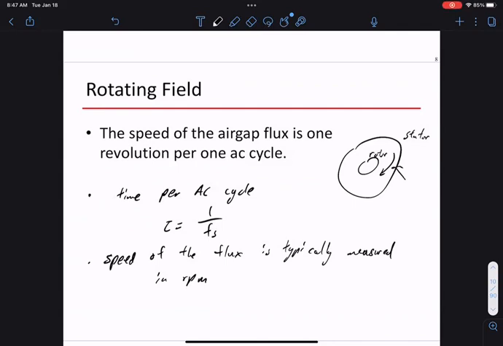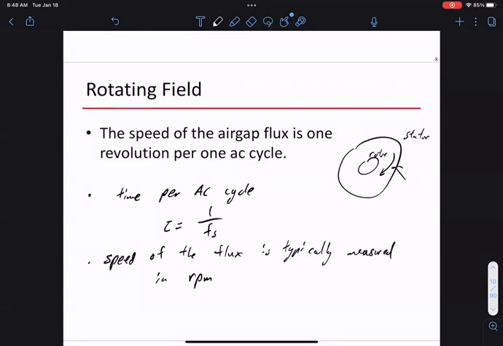It's just a more common unit you see in machines. It gives slightly better looking numbers if you talk about per minute rather than per second. So you see something like 3600 RPM, which is just 60 hertz. But the more common unit is RPM.